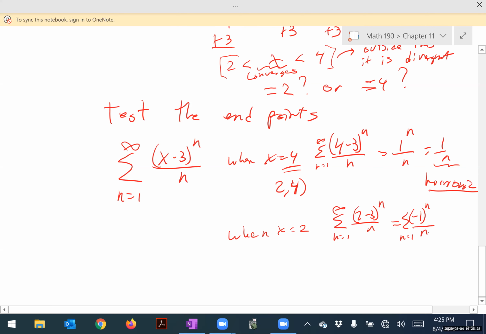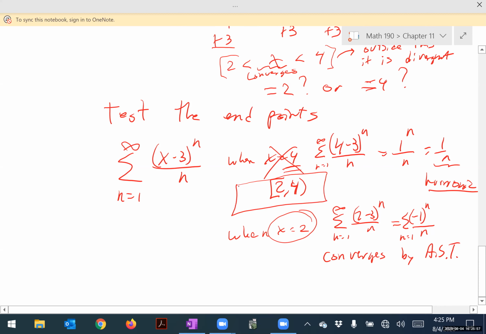Is the alternating harmonic series convergent? Yes, this converges by the alternating series test, AST. So 2 works, but 4 does not work. We would include 2, we wouldn't include 4. So for what values of x is this thing convergent? Right here, 2 to 4.